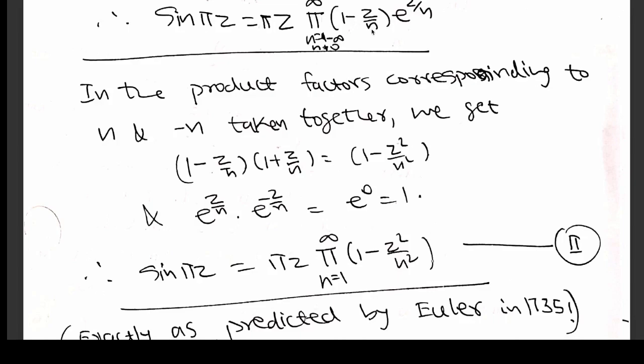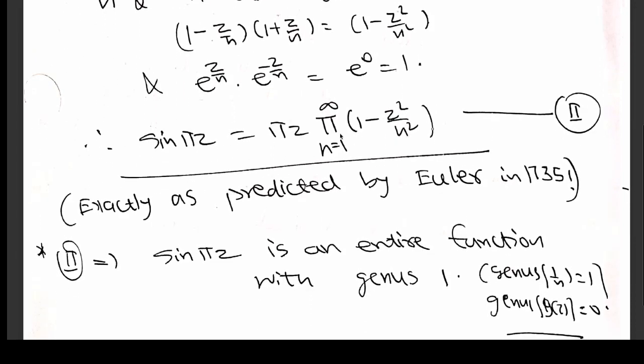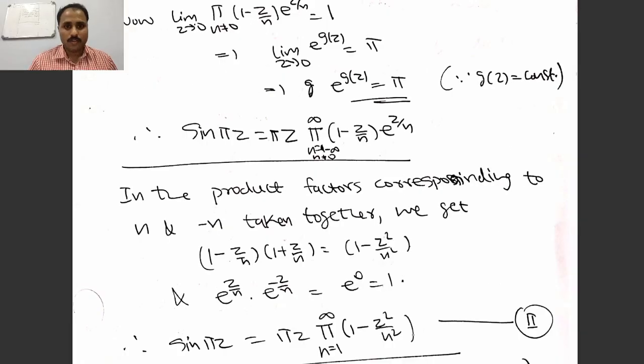So 1 minus z by n and 1 minus z by minus n will come. So clubbed together they will become 1 minus z squared by n squared. And e raised to z by n and e raised to z by minus n will come. That will become 1. So finally you end up with this formula: sin(pi z) by pi z will be this infinite product. Exactly the same formula which was predicted by Euler in 1735.